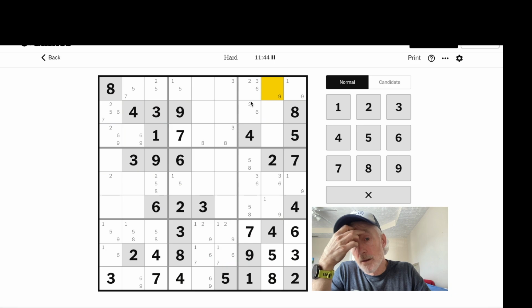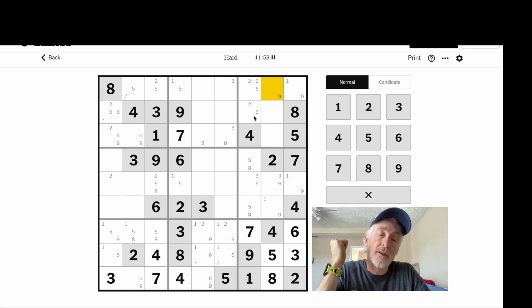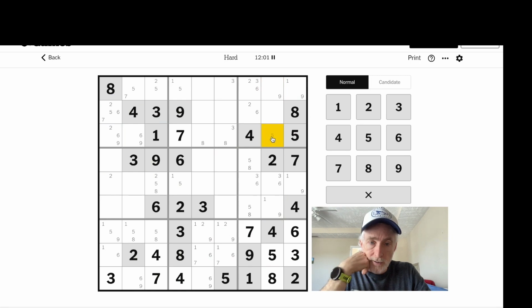So what about, this is already marked up in this column. This can only be 2, 6. This can only be 2, 3, 6. This can only be 1, 9. Let's look at this cell. Can't be 1, 2, could be 3, 4, 5, could be 6. Can't be 7, 8.